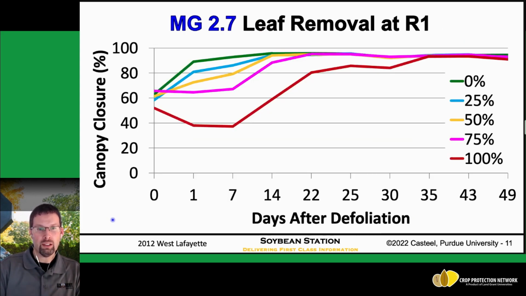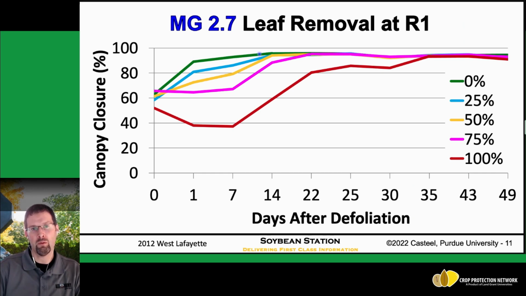So to put those into a graph is this line up here where we've got days after defoliation and we have canopy closure. So basically we took those same pictures over time and then we counted the green pixels versus the ground area. So the 0% here in green is, okay, there's no defoliation whatsoever. On day 0, we had about 65% or so canopied with some of the software we use, and then continue to develop.